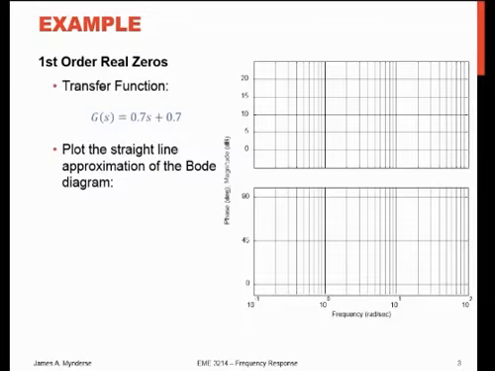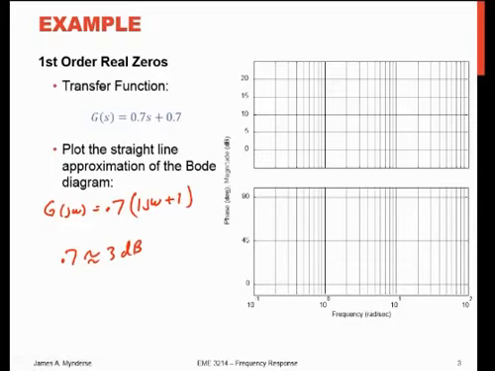I'm going to rewrite this just a little bit. I'll say that G(j omega) equals 0.7 times (1 j omega plus 1). I wrote it that way because now my gain of 0.7 is approximately -3 dB.